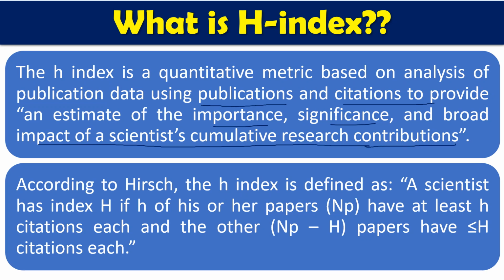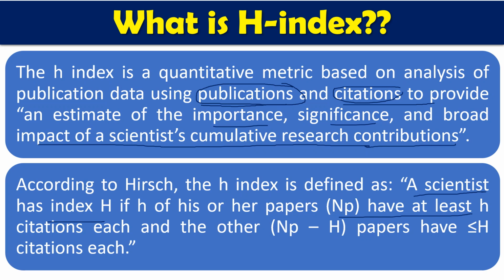Normally in H index there are two basic parameters: the number of publications and the number of citations they have. According to Hirsch, a scientist has index H if H of his or her NP papers have at least H citations each, and the other NP minus H papers have less than or equal to H citations.